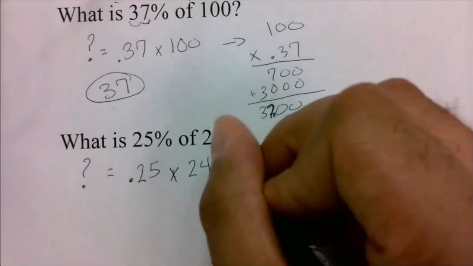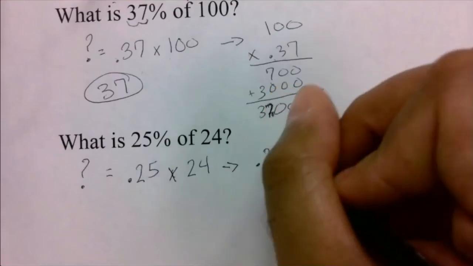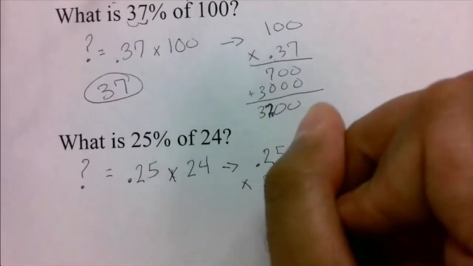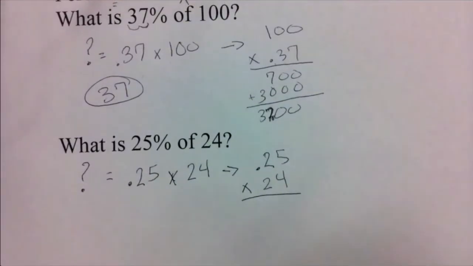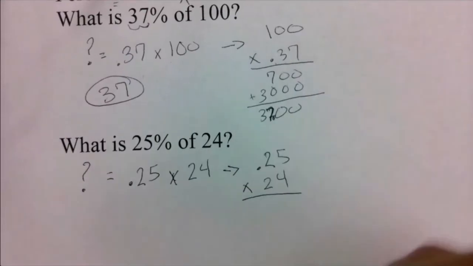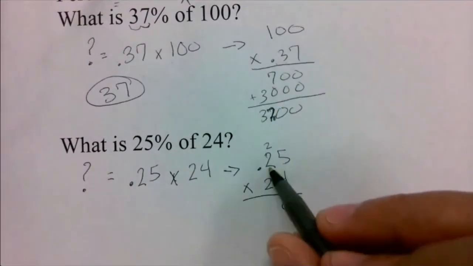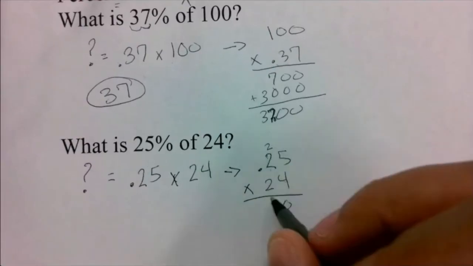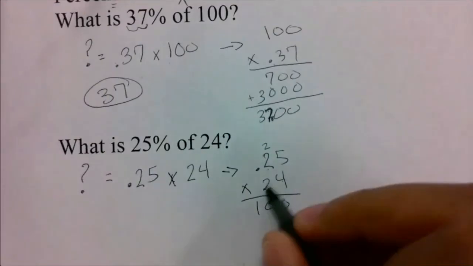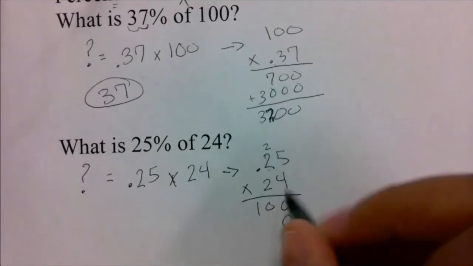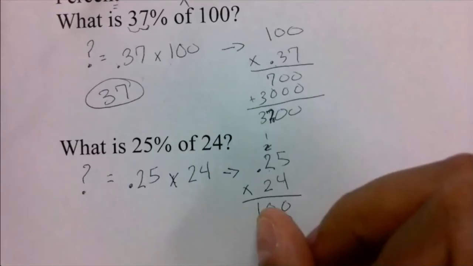All right, so I'm going to write that over here. 0.25 times 4. Remember, multiplication doesn't really matter how you line them up. You just multiply the numbers. So 4 times 5 is 20. 4 times 2 is 8, plus that 2 is 10, and put down a 0. 2 times 2 is 4, and 5.